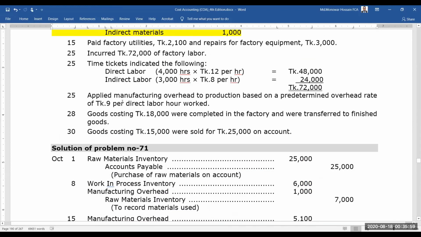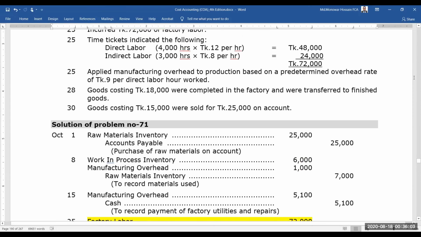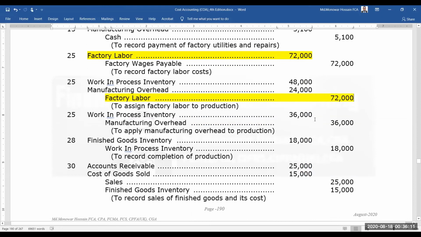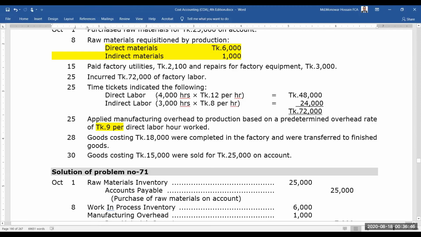Then on the 25th, applied manufacturing overhead to production based on the predetermined overhead rate of Taka 9 per direct labor hour worked. So work in progress inventory 36,000, manufacturing overhead 36,000, that is 9 multiplied by 4,000.